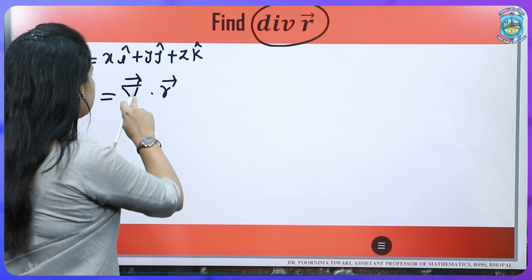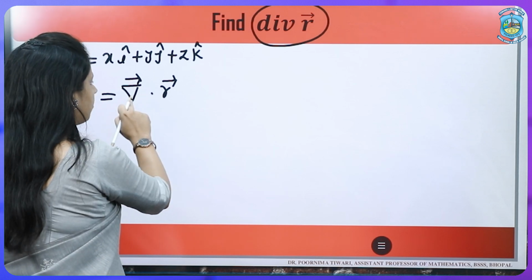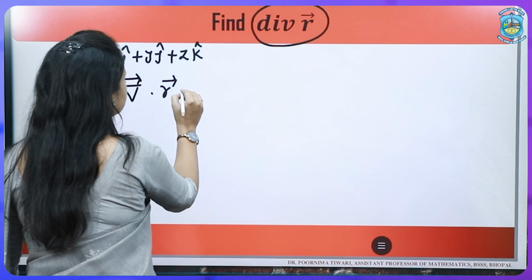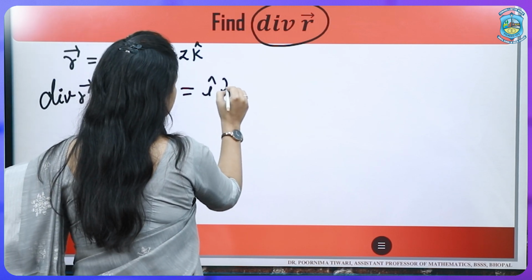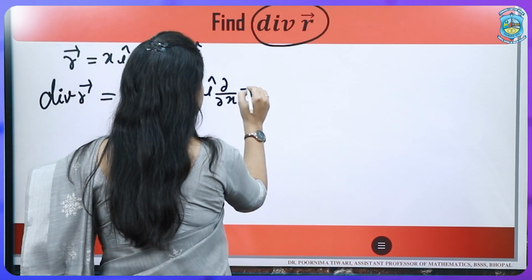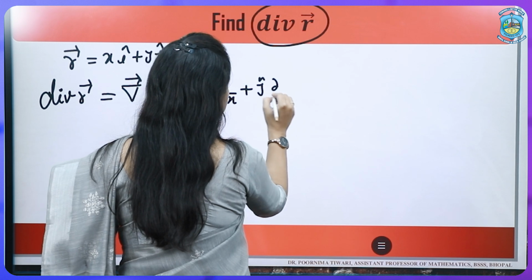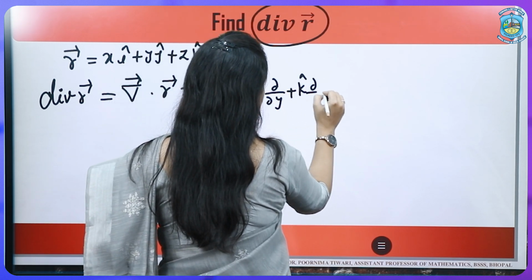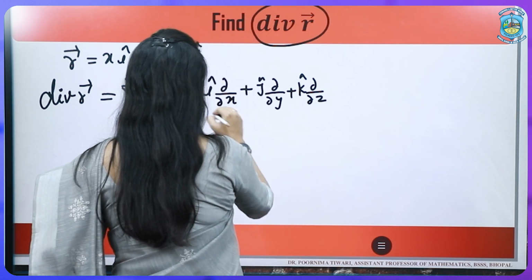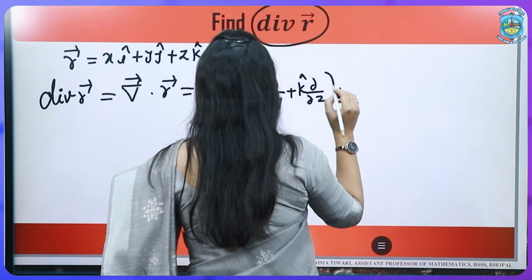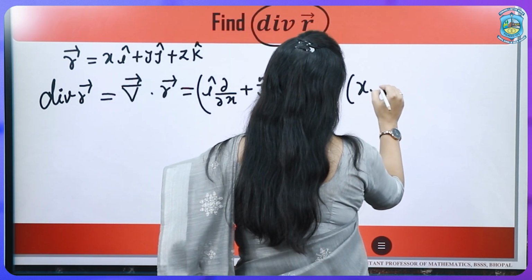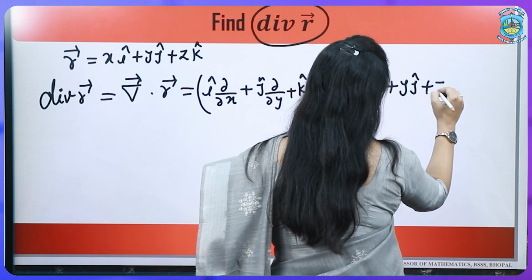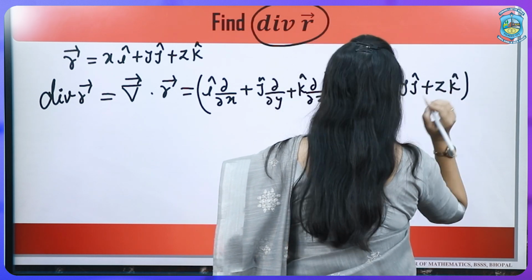First, we will substitute the value of this vector operator nabla and the given vector r. We will get i cap del by del x plus j cap del by del y plus k cap del by del z, dot product with the vector x i cap plus y j cap plus z k cap.